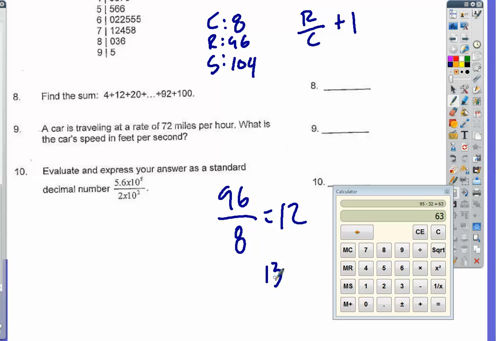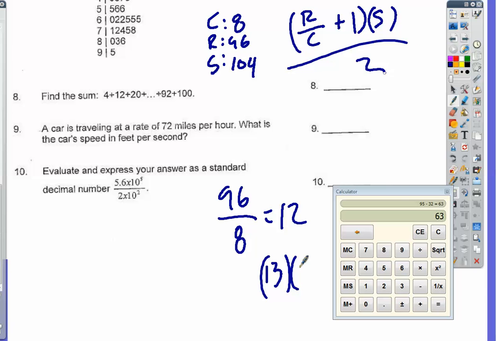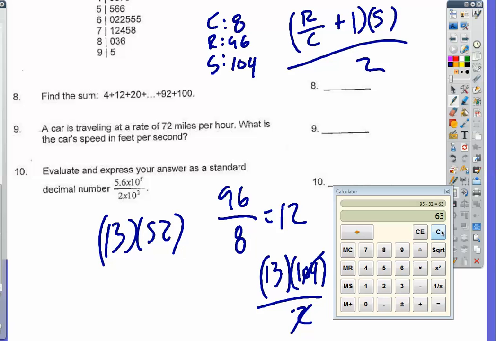And then we're going to multiply this by the sum and then divide it by 2. So the sum is 104. I'm going to reduce first. So I'm actually going to have 13 times half of 104. Half of 104 is 52. So I go 13 times 52, which is 676.